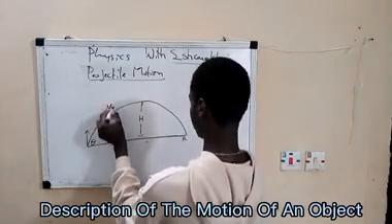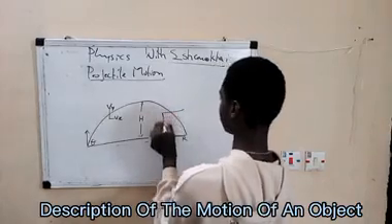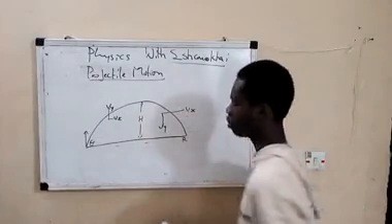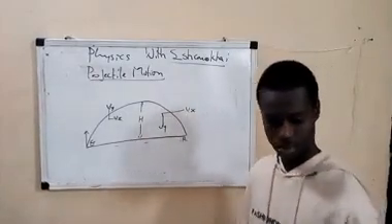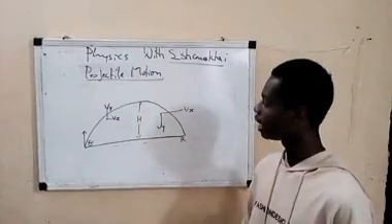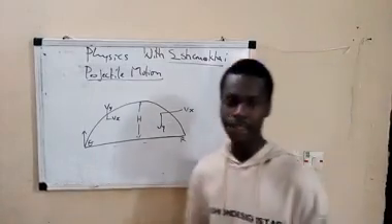We have Vy here, we have Vx here, and we have Vy and Vx. Alright. Yeah. Now this is the diagram for it. Now let's start explaining with this.